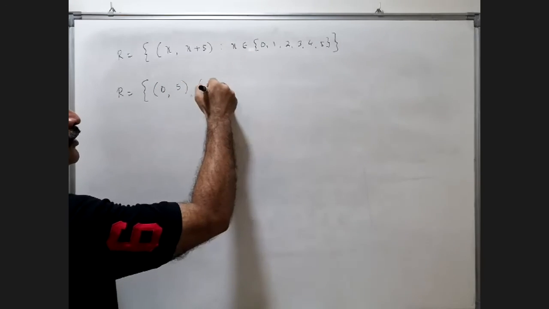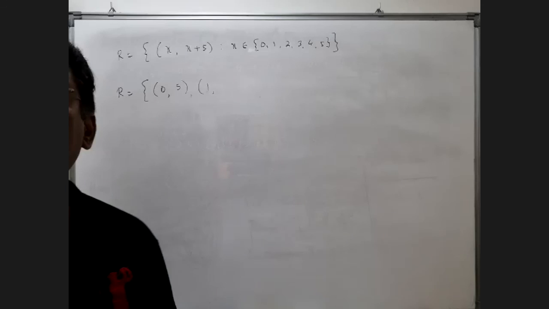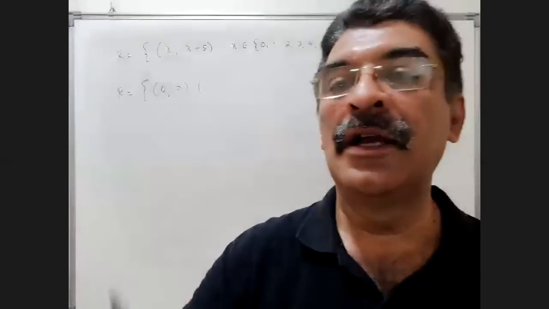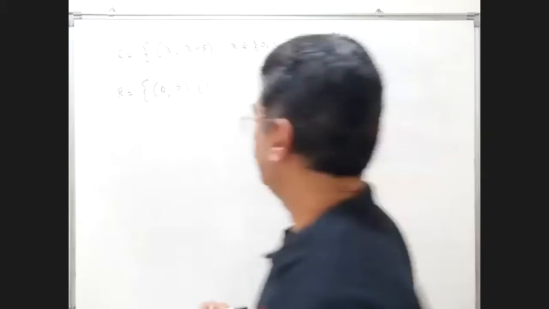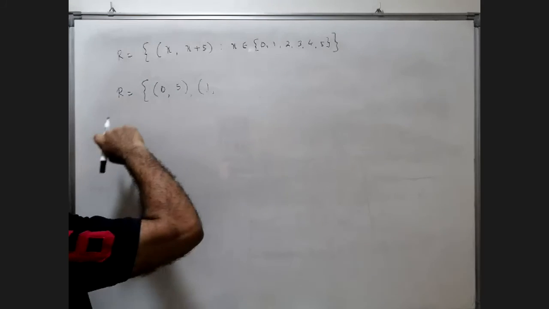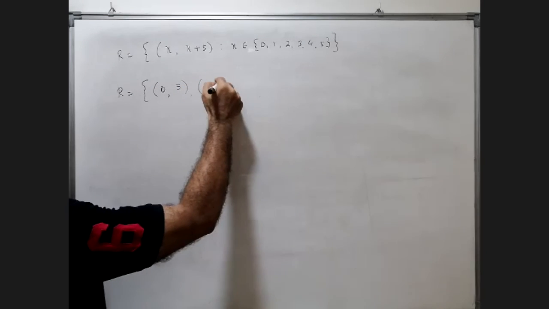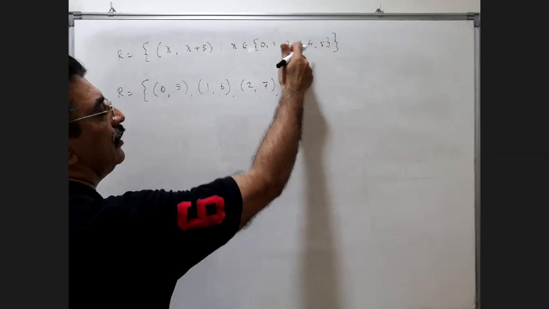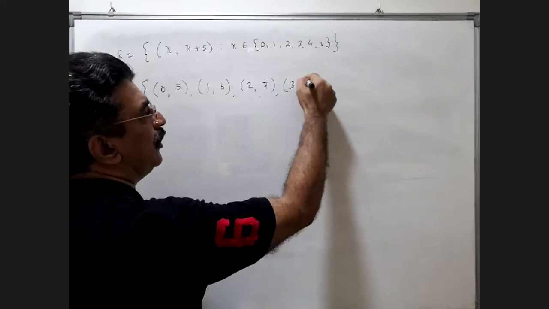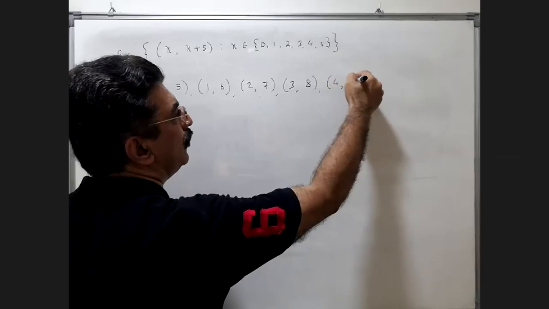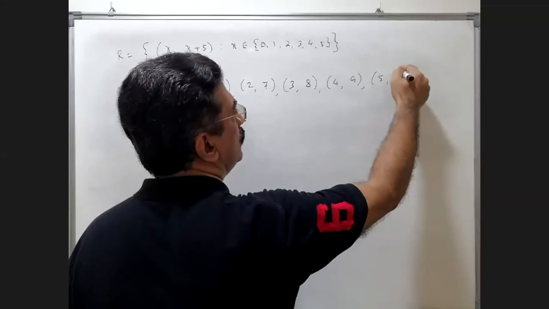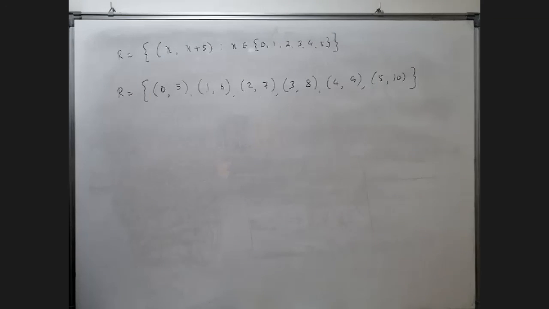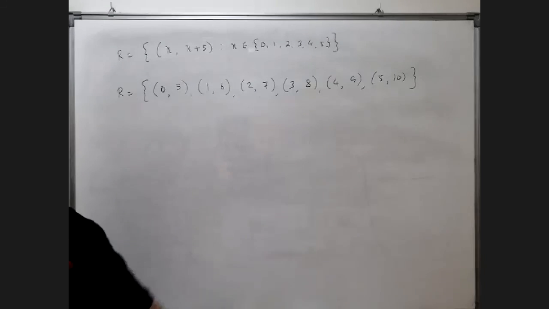The next x value is 1, and the second element is 5 more, so 1 plus 5 is 6. For x equals 2, 7. For x equals 3, 3 plus 5 is 8. For x equals 4, 9. For x equals 5, 5 plus 5 is 10. Now the question is to write the domain and range.